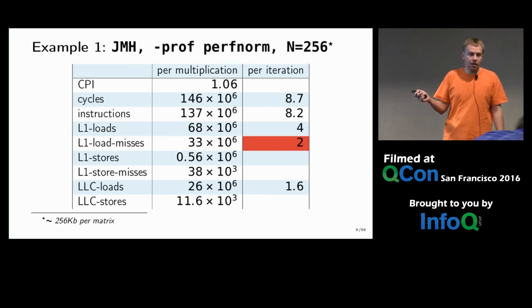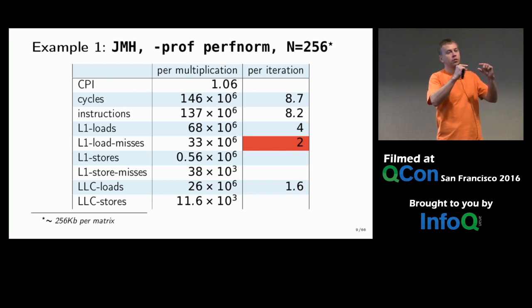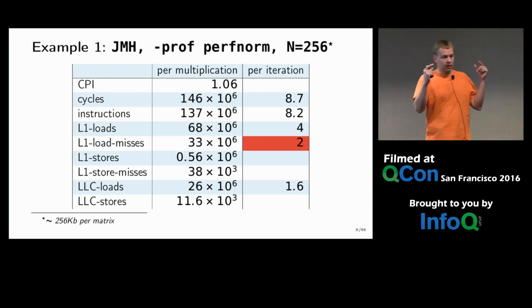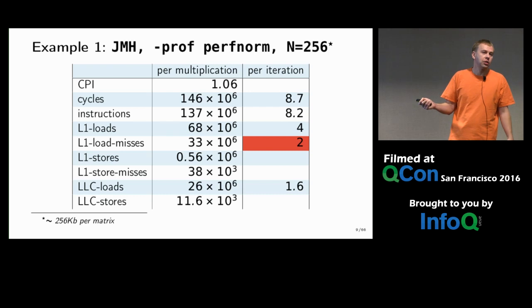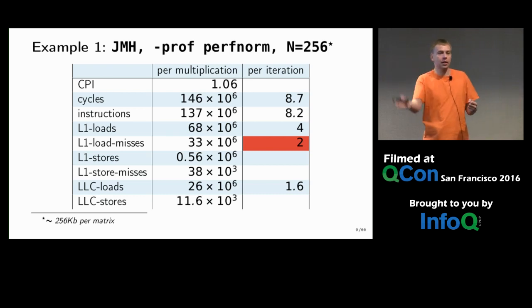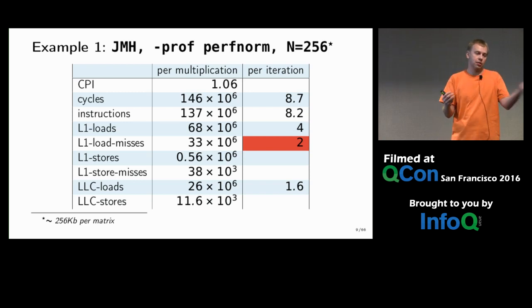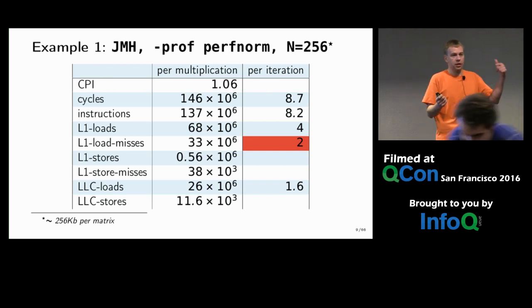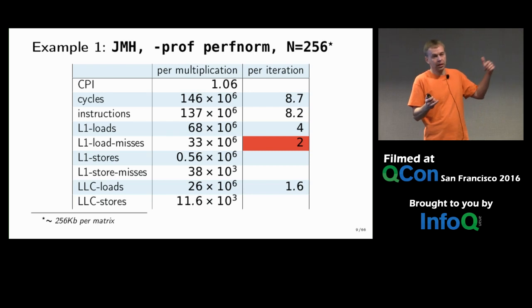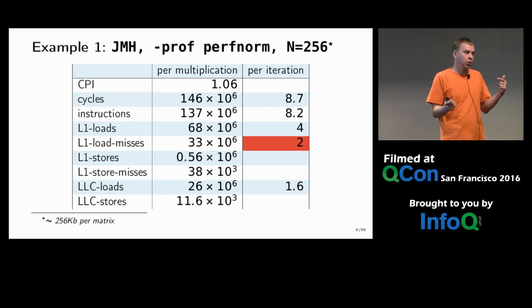And if I normalize it per one iteration, I mean an iteration of the innermost loop, I see that the innermost loop requires 8 instructions to execute, because I need to load one element, the second element, and multiply the values. And inside one iteration of the innermost loop, I do 4 loads of data from memory.